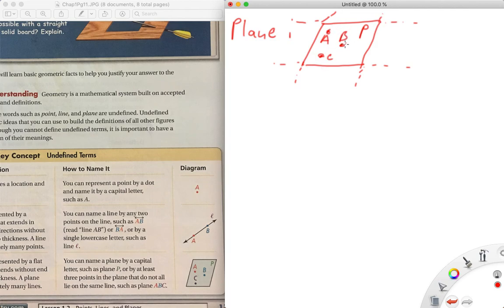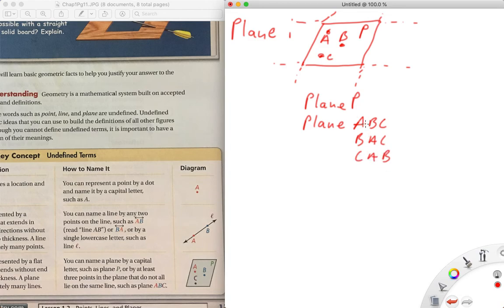Notice that the A, B, C have dots, but there's a P in the upper right hand corner. The P could also be in the left hand corner, bottom right hand corner. And we could call this plane P, or we can call this plane ABC, or BAC, or CAB.